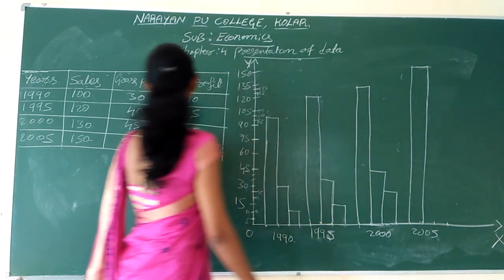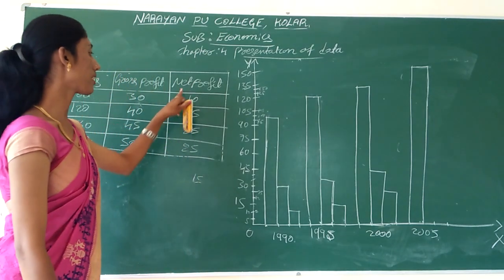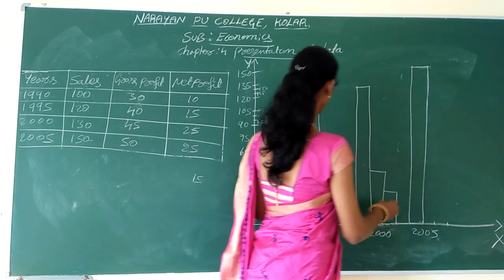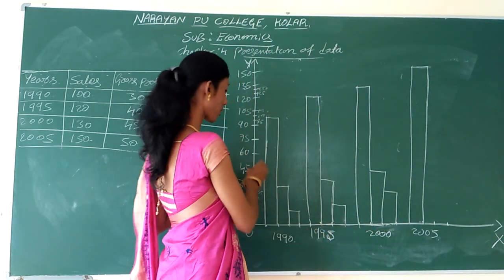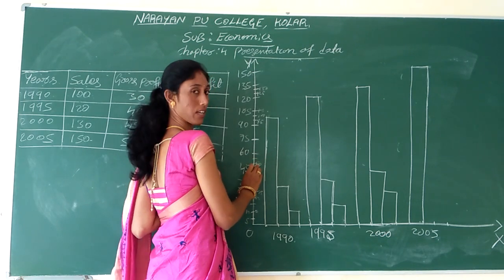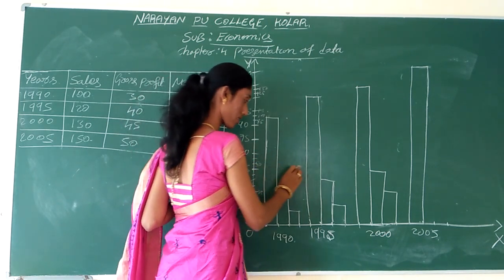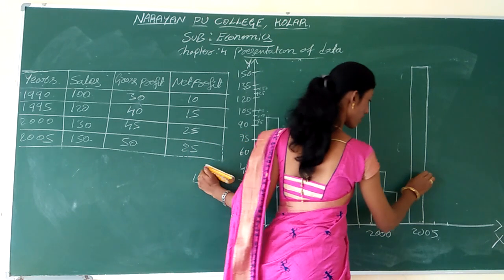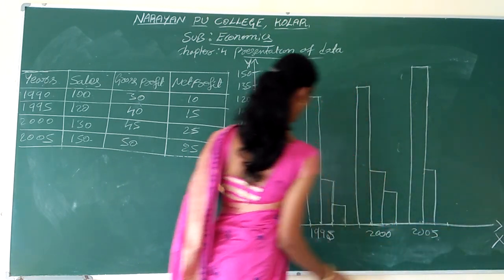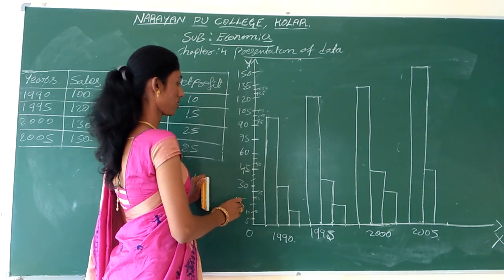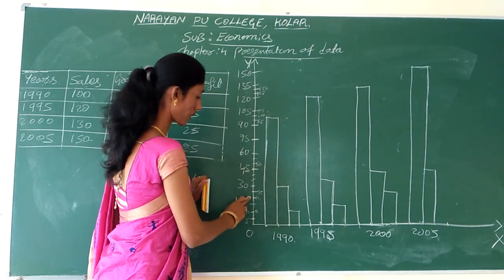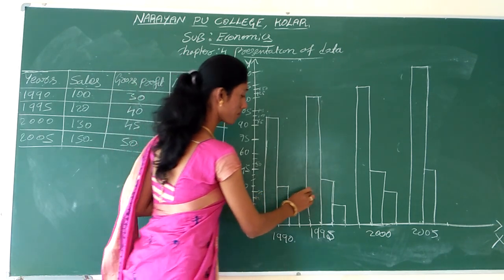And next, the gross profit is 50 and net profit is 25. 50 means, here above the 45, 50 used to arise. Next, it's here.